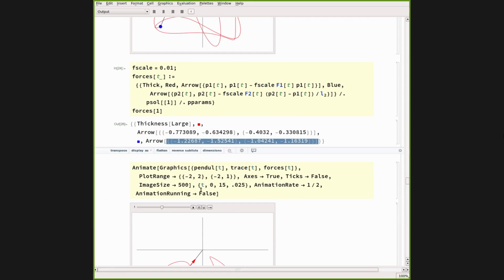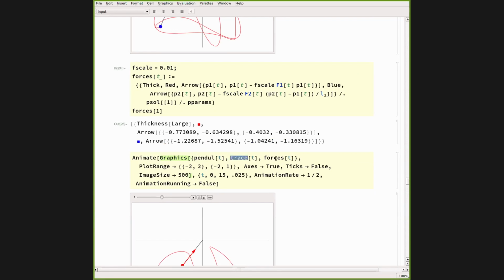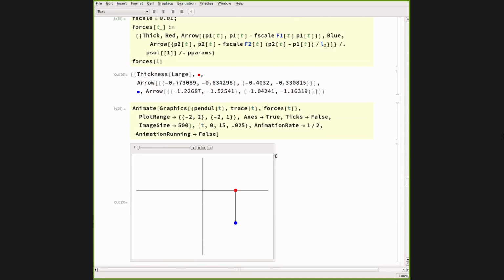So what I'm doing, I'm repeating what I have done previously. I'm just, apart from pendulum, apart from trace, I will plot also forces. So this is the only thing which has changed, but I have retyped that comment because I don't want to go back and forth in my slides because it can be a little bit confusing.